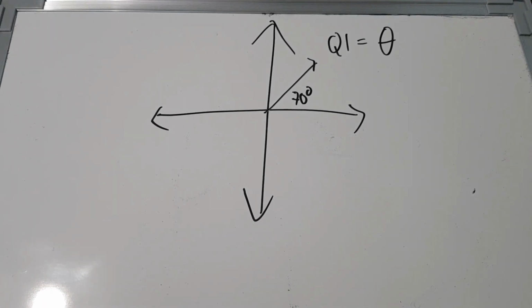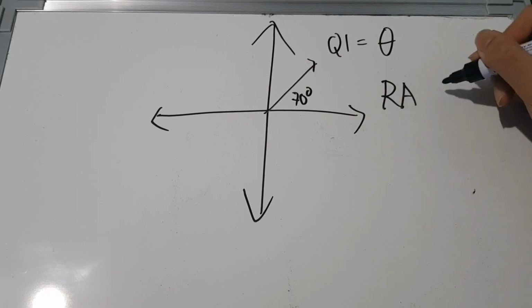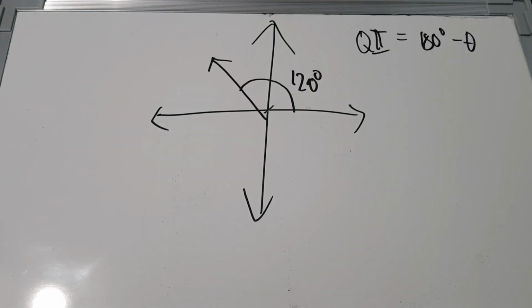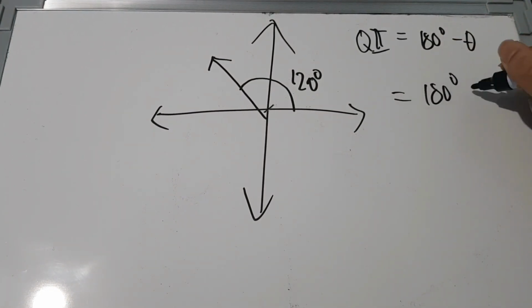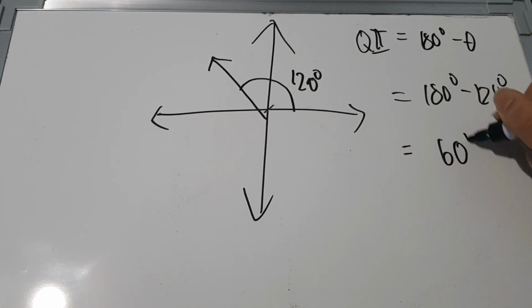In this example, 70 degrees, our reference angle will also be 70 degrees, since 70 degrees is in quadrant 1. In this example, 120 degrees, our reference angle will be 180 degrees minus 120 degrees, or 60 degrees.